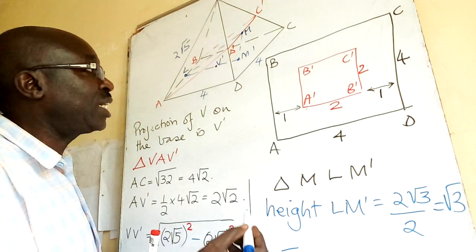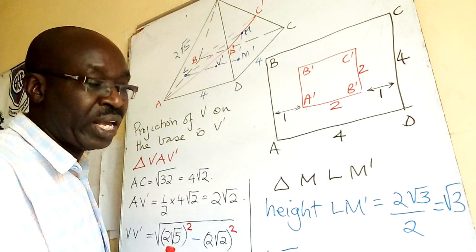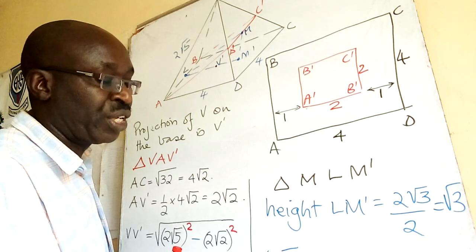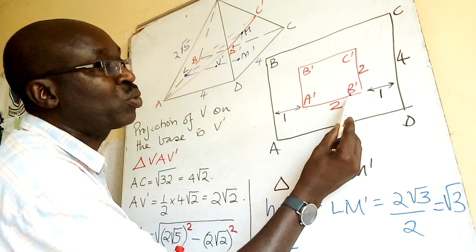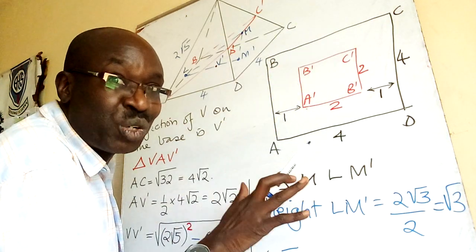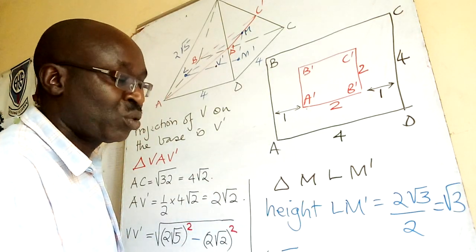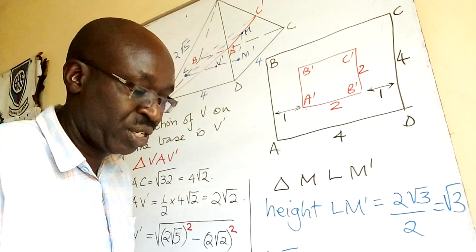Then we say let that angle M L M prime be alpha. So tan alpha is equal to root 3 over 3. Where did I get this? It is from here up to this level. Yet this is the projection on the base. You have to do it severally. Okay? So you get alpha is equal to 30.